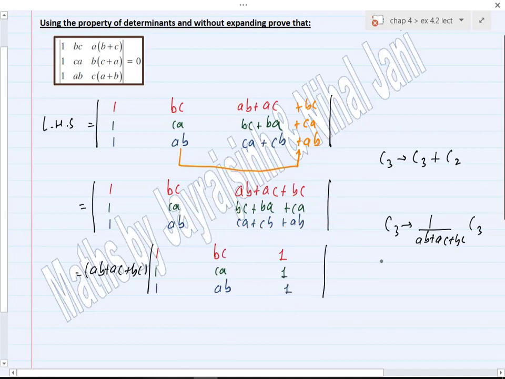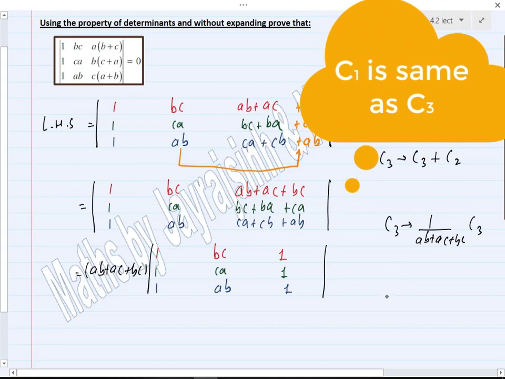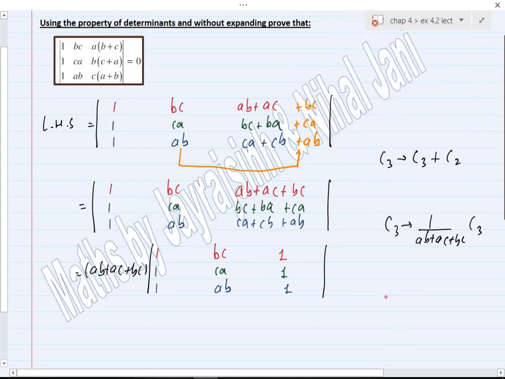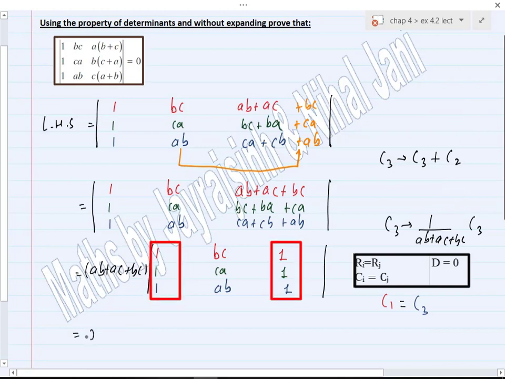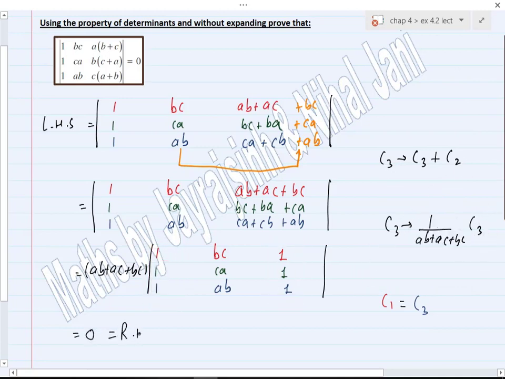Now what? Your first column is same as third column. So we can say the value of determinant is 0, which is your required right hand side. Ta-da!